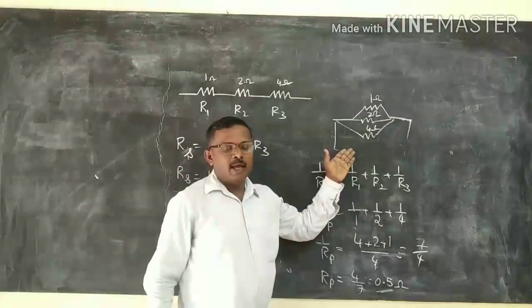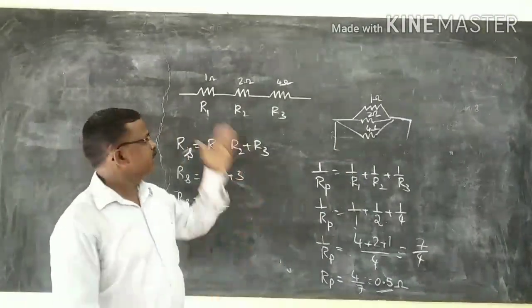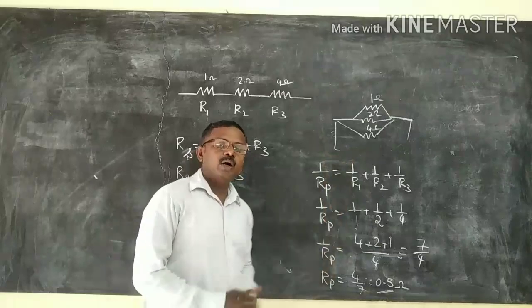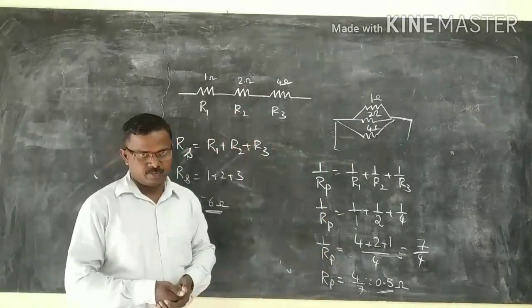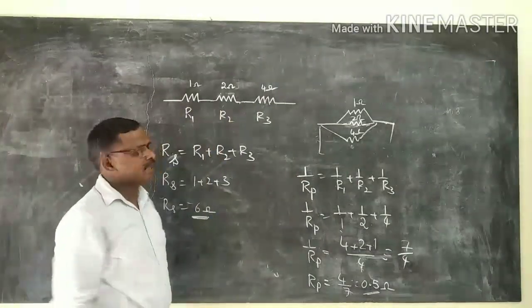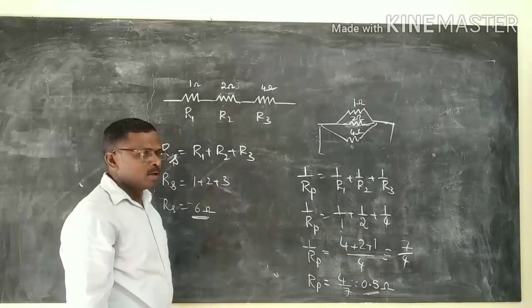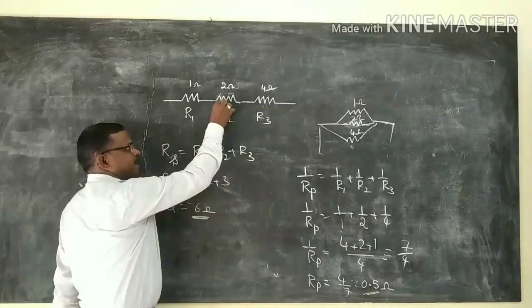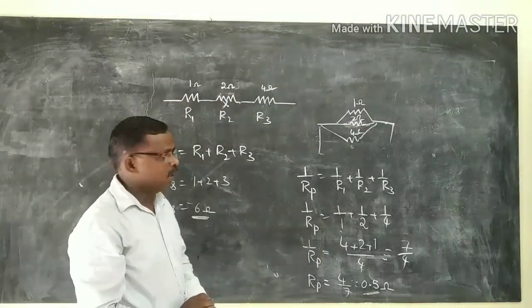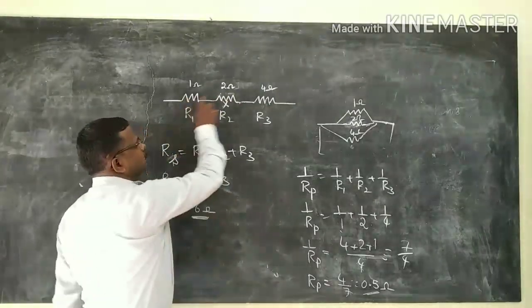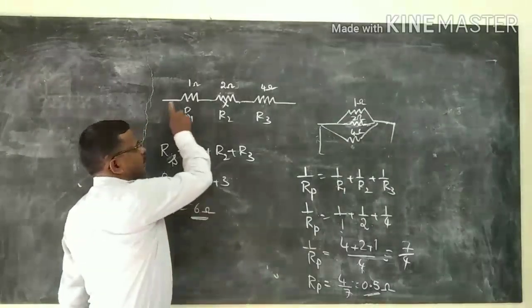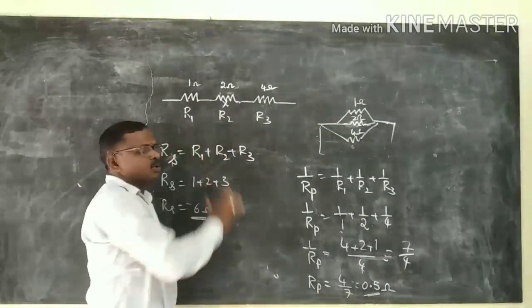The parallel connection has many advantages over series connection. What are the advantages of parallel connection and what are the disadvantages of series connection? Suppose electrical appliances are connected in series. If one appliance, for example the second, fails to work, the other two also do not work because they are on the same connection and the circuit is broken.